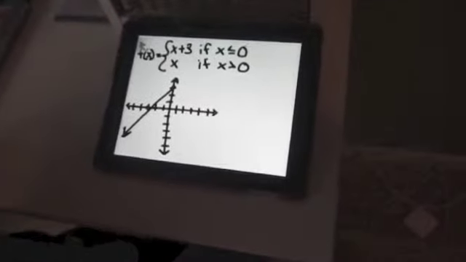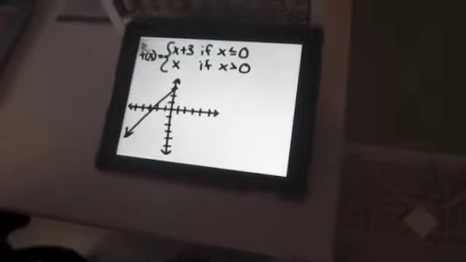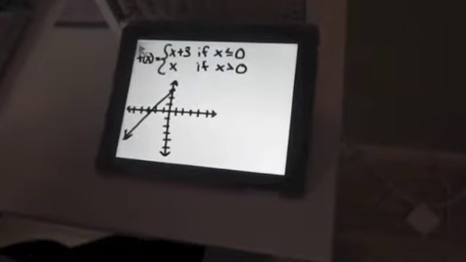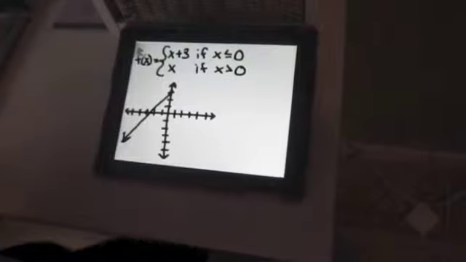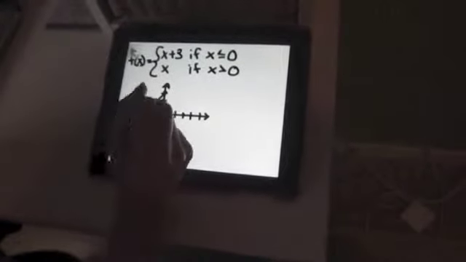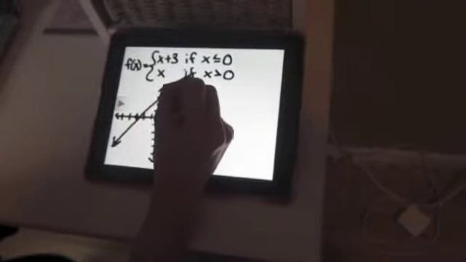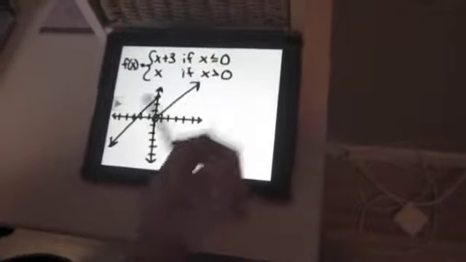The other part of the graph just has a positive slope of 1 going through the origin. However, this is only true when x is greater than 0. So there's a hole in the graph at 0 for this part of the function. Then there's a positive slope of 1. Now class, is this function continuous or discontinuous?